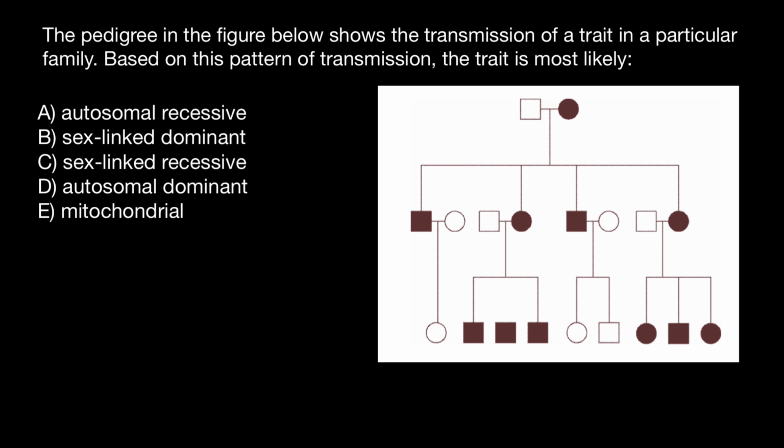Some of you may think that this is a dominant genetic disorder, but we don't see that it skips generations. Some of you may think that this is X-linked, dominant or recessive, but we do not see that the pattern is related to sex. Both males and females have this genetic disorder in equal proportions.